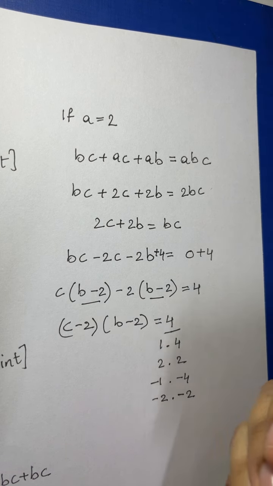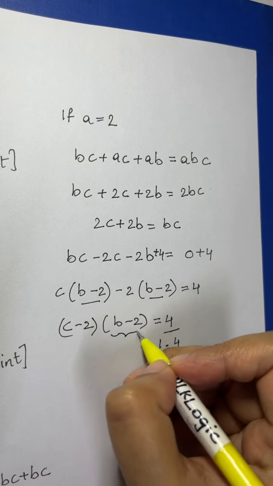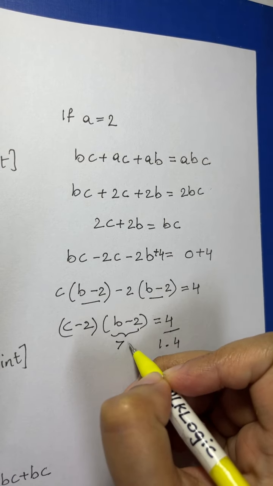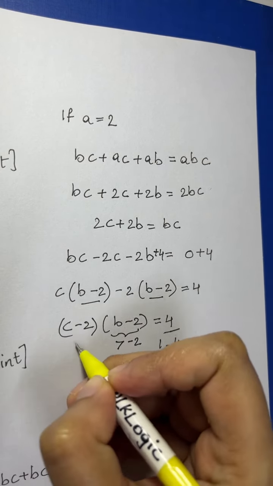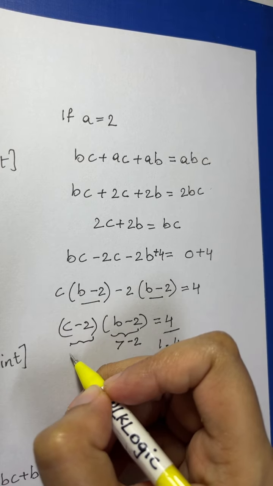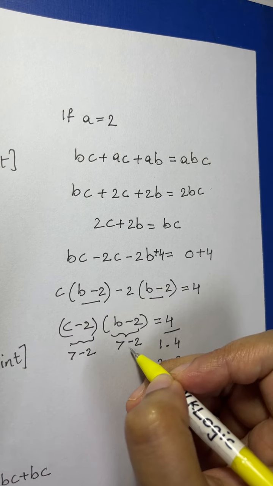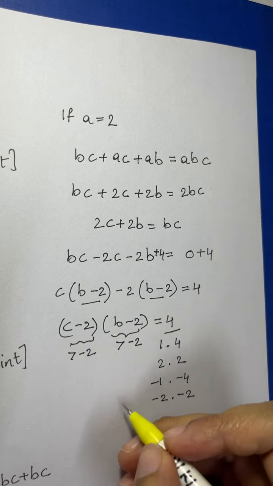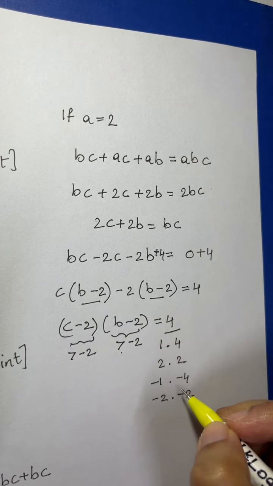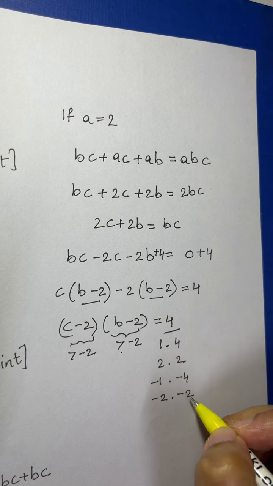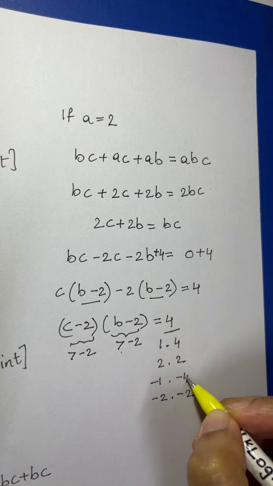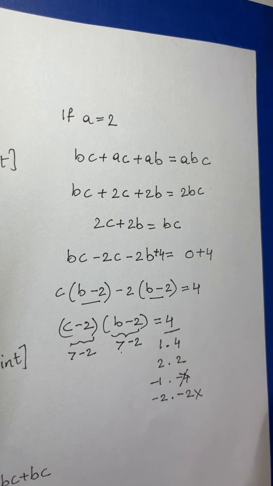But as you know, B and C are positive integers, so this term will always be greater than minus 2. When this term is not greater than minus 2, this doesn't apply, not possible. Negative 4 also not possible.